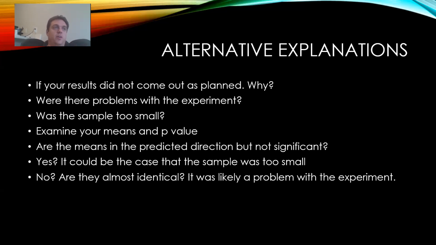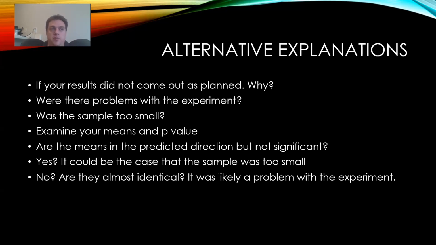On the other hand, let's say the means were not at all in the right direction. Let's say they were exactly the same. Well, that would suggest it was a problem with the experiment. With our planning fallacy, if the data comes out and the means are basically identical, or maybe they're in the wrong direction from what we predicted, and the p-value is not even close, well, then that would suggest it's probably not an issue of sample size, right?